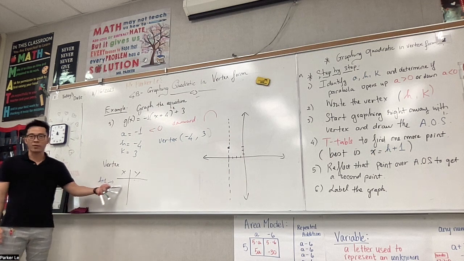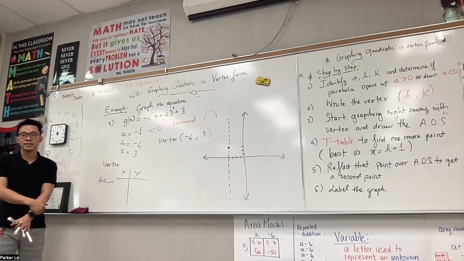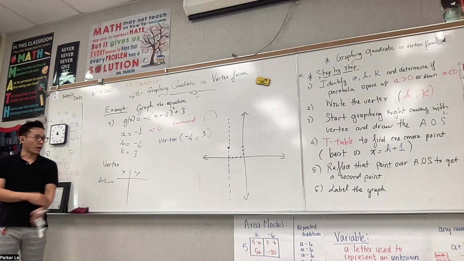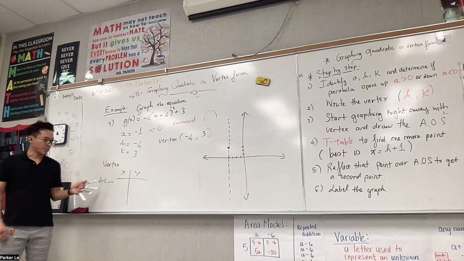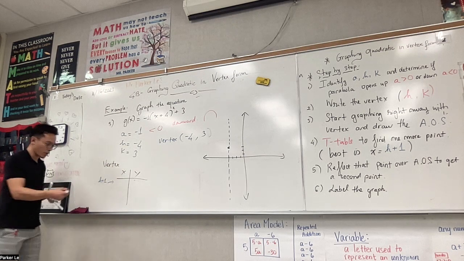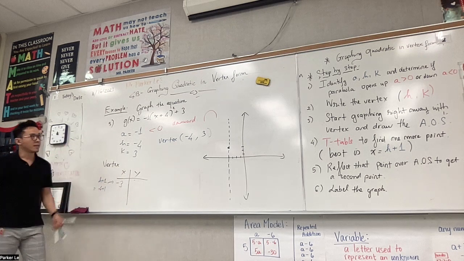What is the best point right here? Negative. Why is it -3? Right. h is -4. So x plus 4 is going to be -4 plus 1, and that is -3.